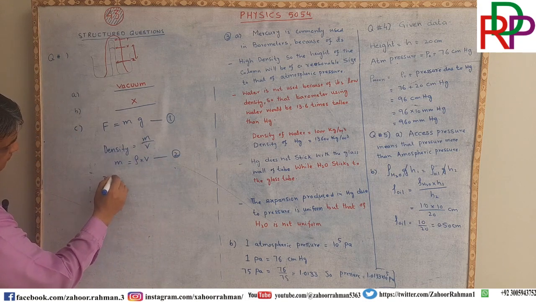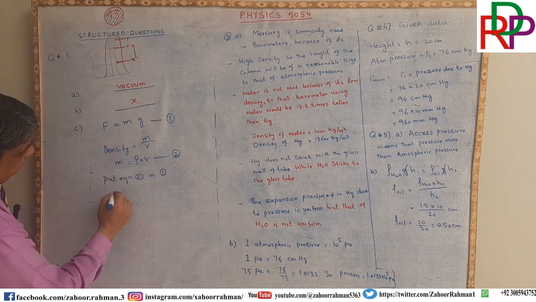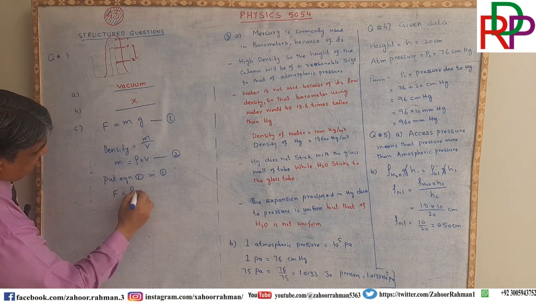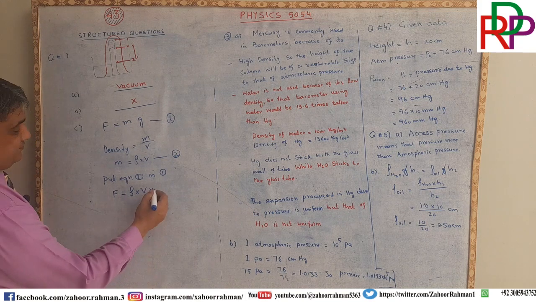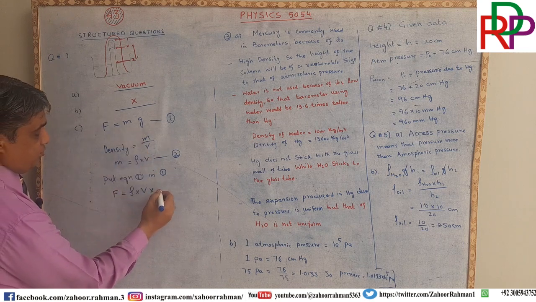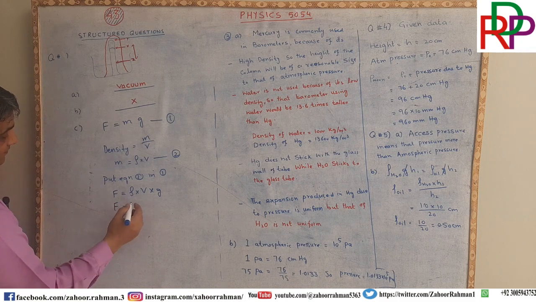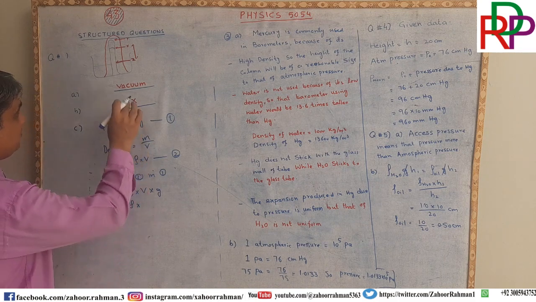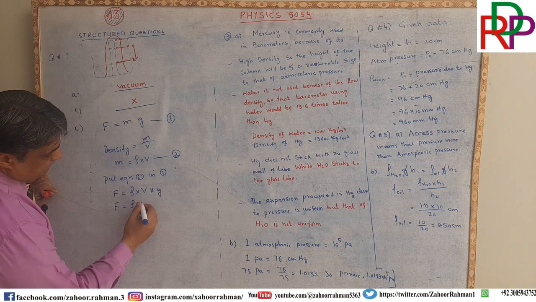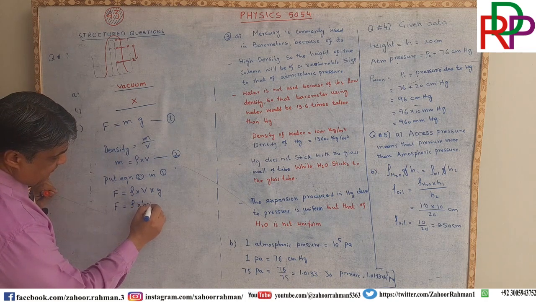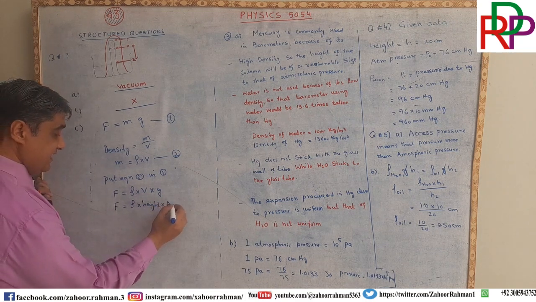Put equation 2 in 1, we will get F is equal to density into volume into G. Now we can write further this as F, this is density, and volume of this three-dimensional shape is height into base area.